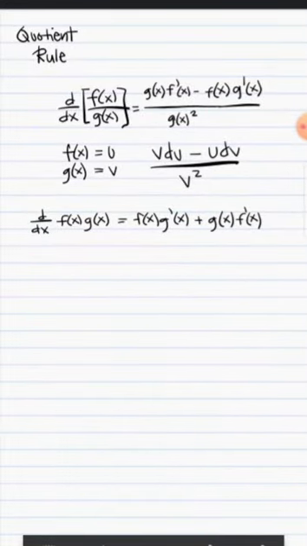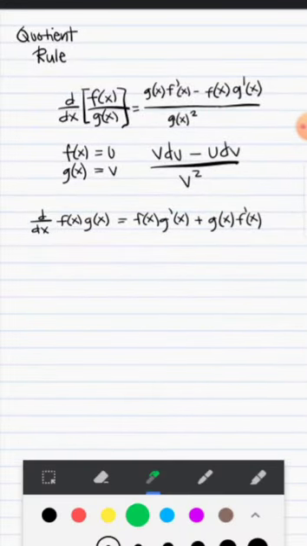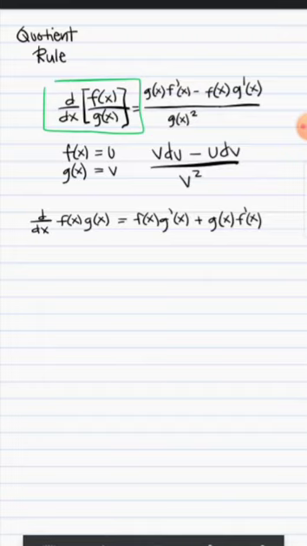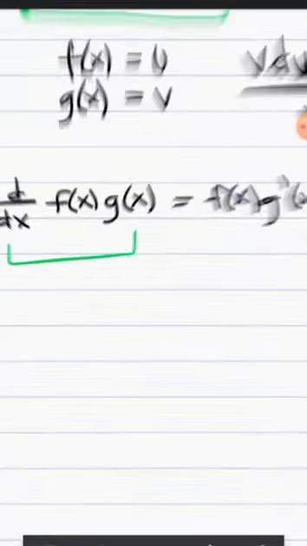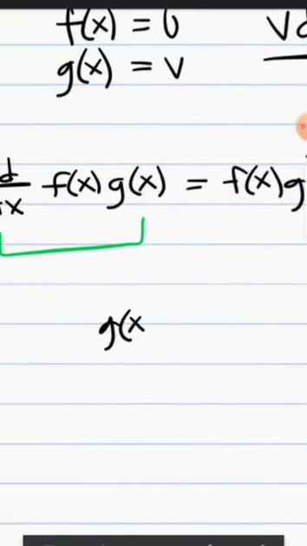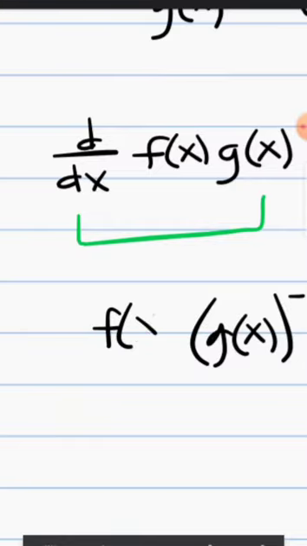So if we apply that idea to this one, our first step would be to convert g of x into something that would look like this. So g of x becomes g of x raised to negative 1, and f of x will still remain f of x.